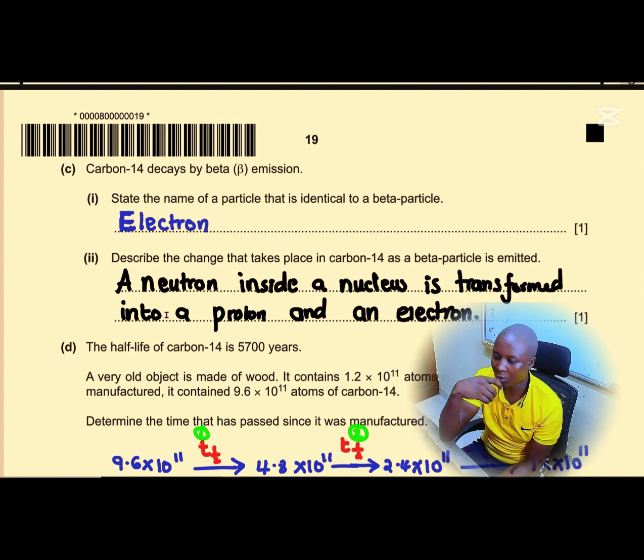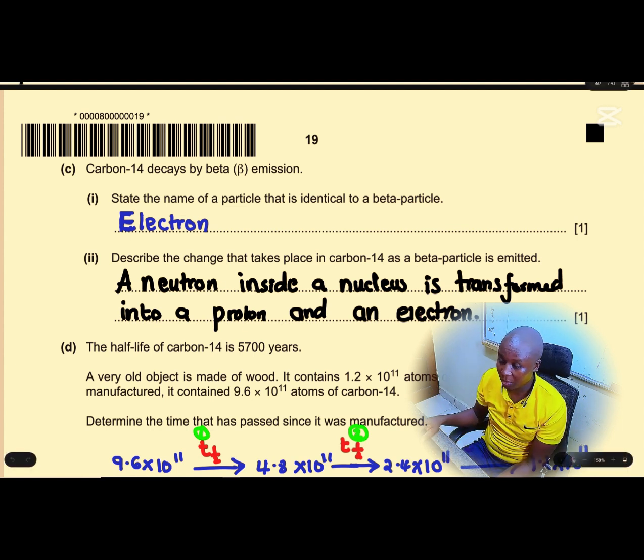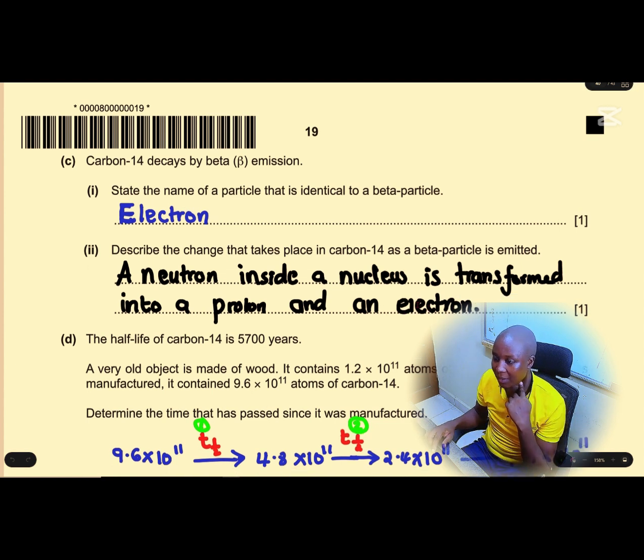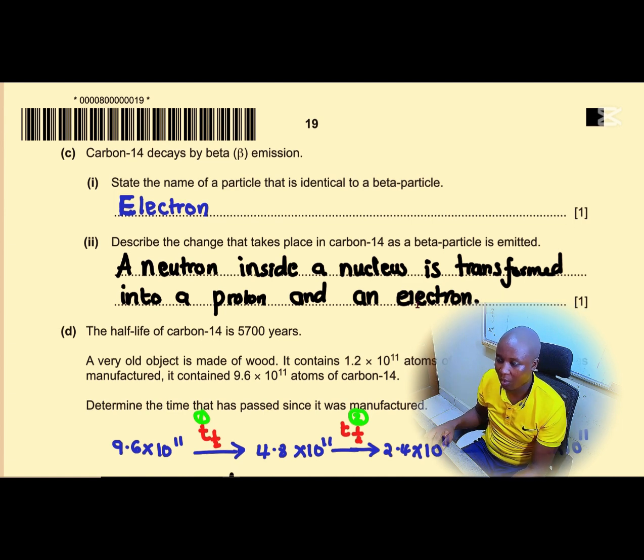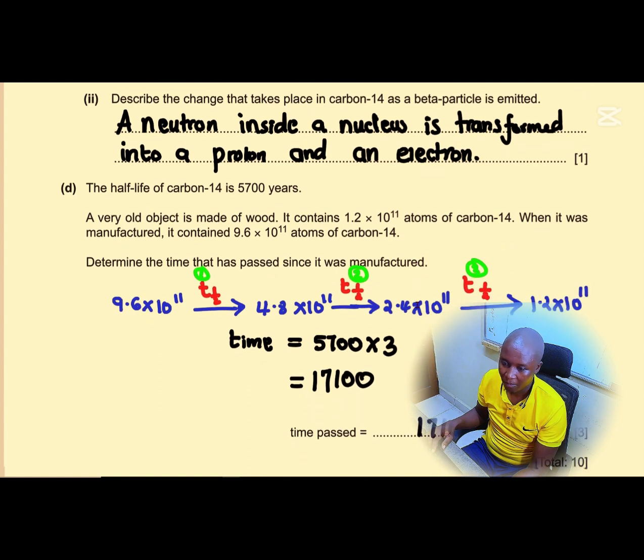So meaning a neutron inside the nucleus is going to be transformed into a proton and an electron. So the neutron is transformed into a proton. Half-life of carbon-14 is 5,700 years.